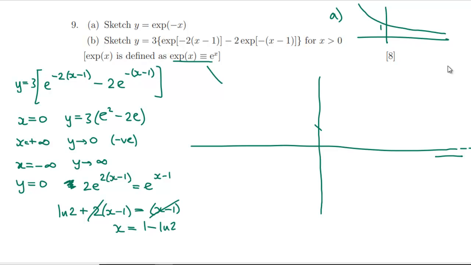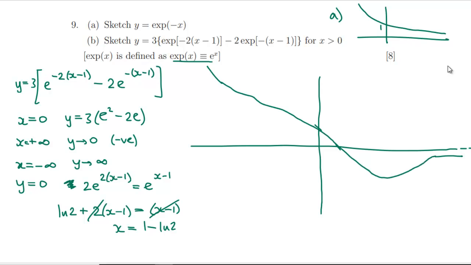So we've only got one solution for y is 0. So natural log of 2 is less than 1. It's about 0.7. So we must be coming in about here then. So right, it looks like we're going to have that coming down. It's meant to be a bit smoother than that.